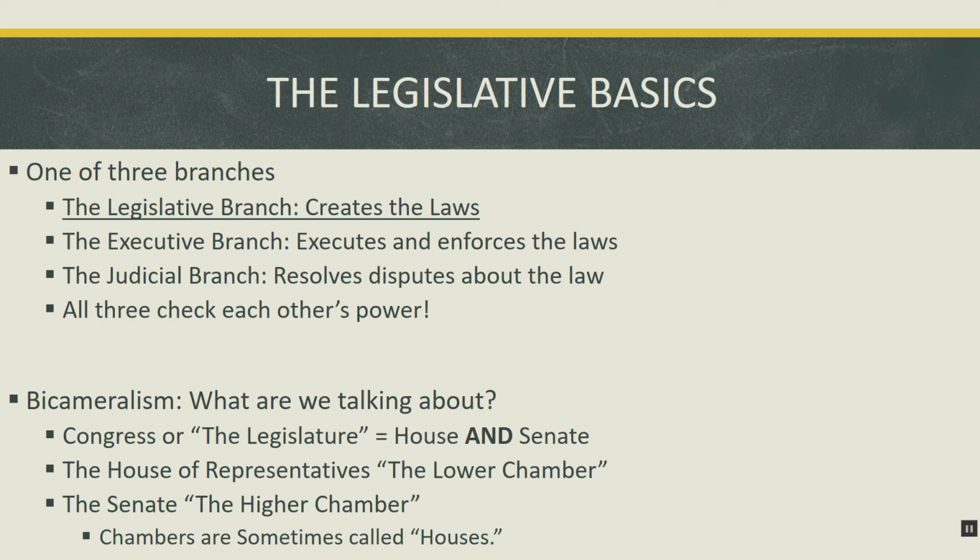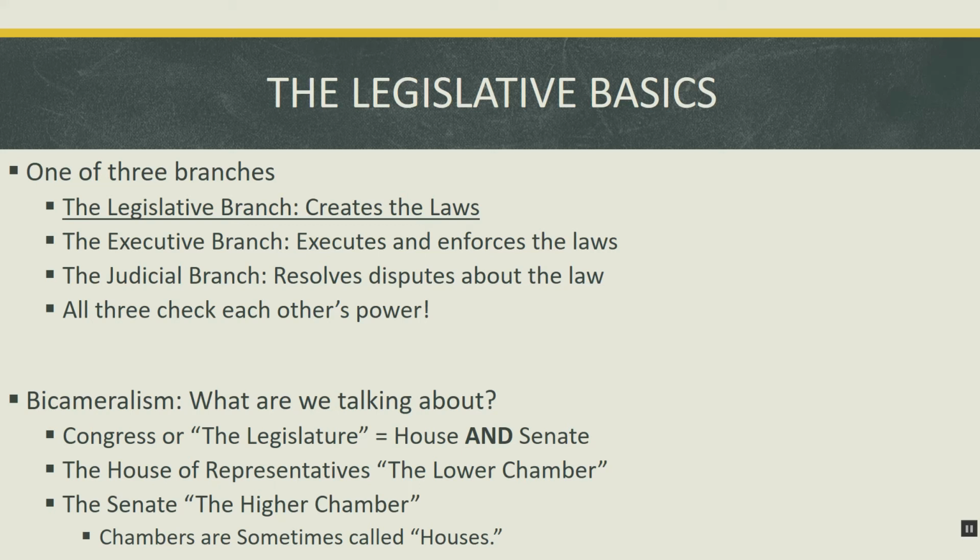So first, let's establish some clear vocabulary and clarify a common misconception. Congress is a synonym for the term the legislative branch. Congress, or the legislative branch, can also simply be called the legislature. A legislature is a body of lawmakers, and our legislature is divided into 2 chambers, the House of Representatives and the Senate.